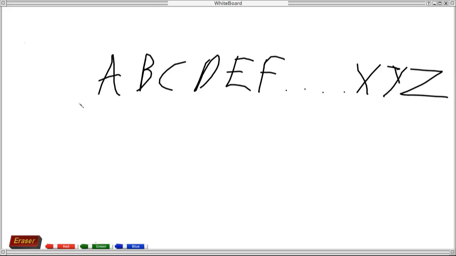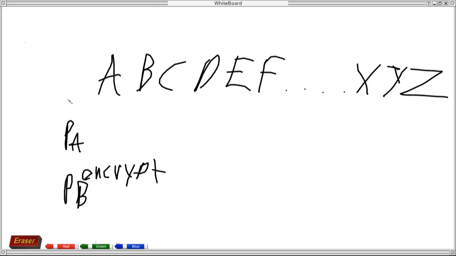So basically, person A, which is the person receiving the message, got a message from person B. And what person B wanted to do was encrypt. Okay, encrypt. And person A wanted to decrypt.